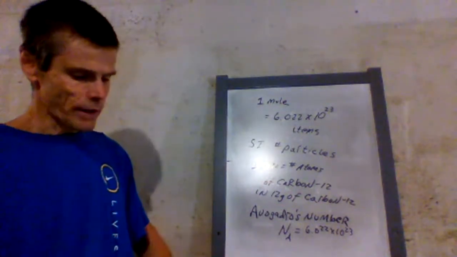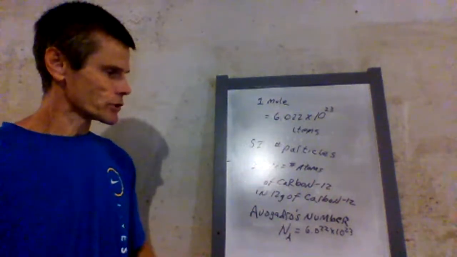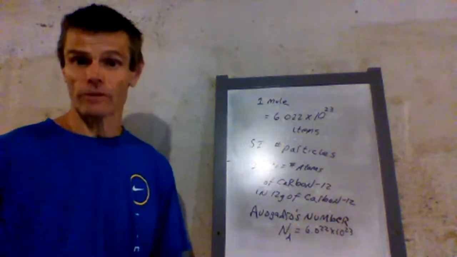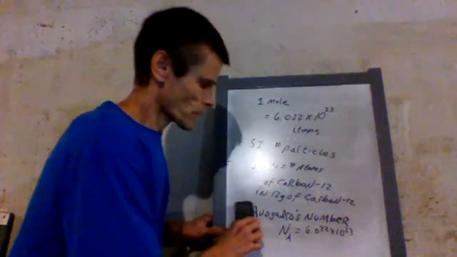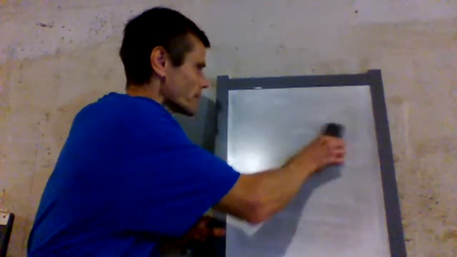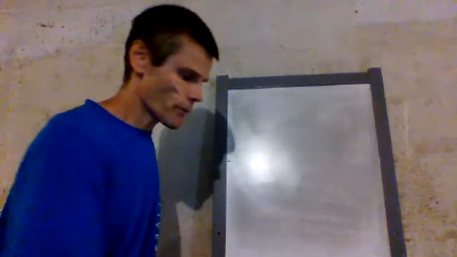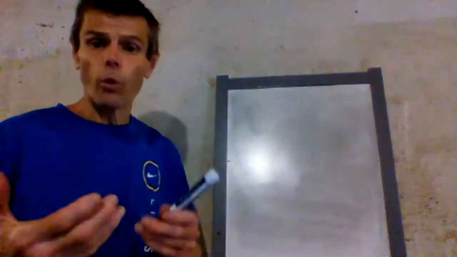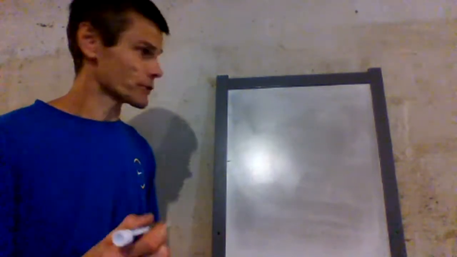Now, what's important about the mole is its mass relationship and how we define the atomic mass unit. So let's think about this. Since we're defining the mole and the atomic mass unit based upon the carbon-12 isotope, we have an important relationship that we're going to be using a lot throughout the semester.